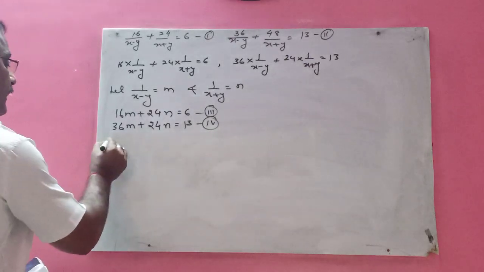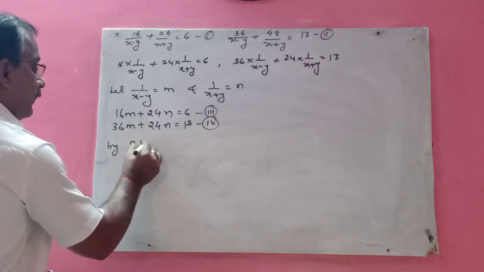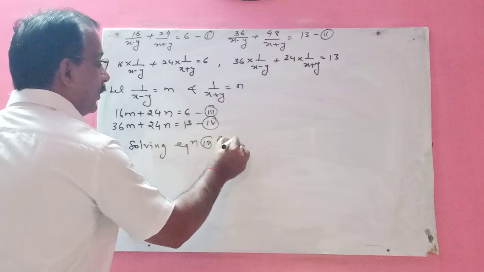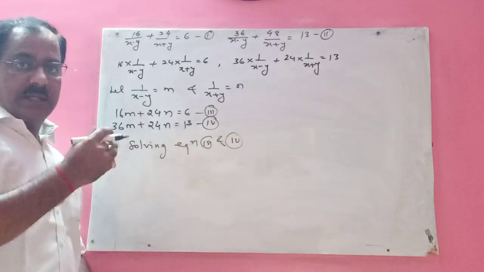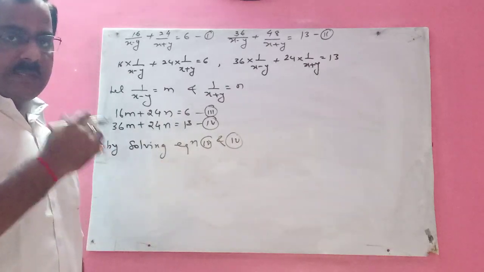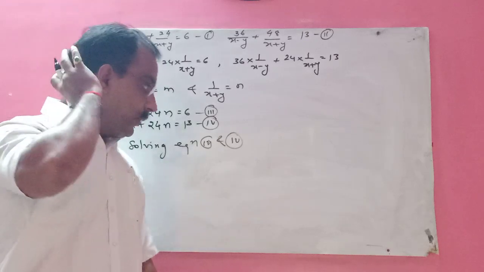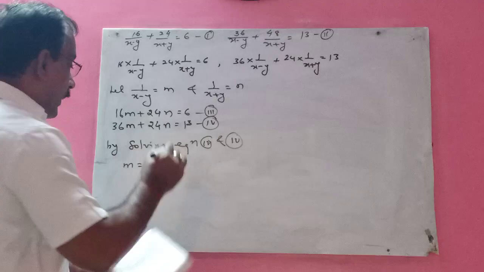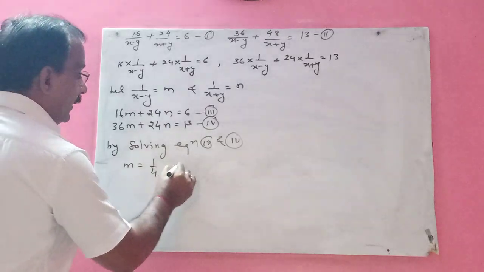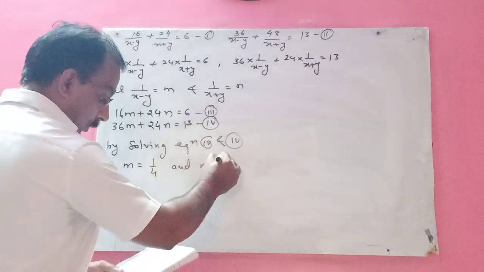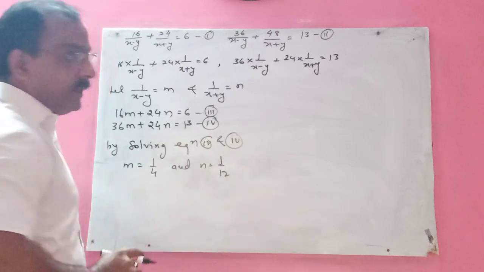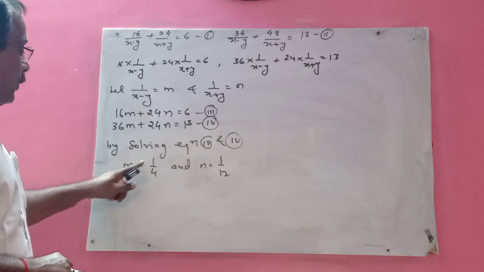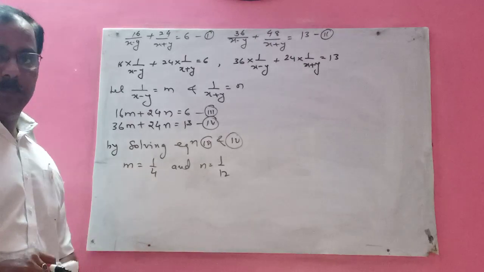By solving equations 3 and 4, by elimination, substitution or Cramer's rule, any method, you will get the value of m as 1 upon 4 and n as 1 upon 12. You will get this value after solving these two equations: m is equal to 1 upon 4 and n is equal to 1 upon 12.